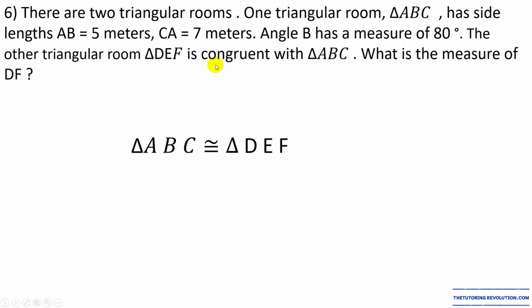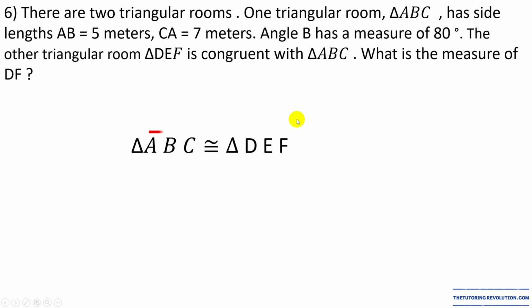Okay? So let's start first with the congruency between the two triangles. We have two triangular rooms. Let's say two triangles. And triangle ABC is congruent with triangle DEF. That's what I say here. The other triangular room DEF is congruent with triangle ABC, which is the same as saying ABC is congruent with DEF.